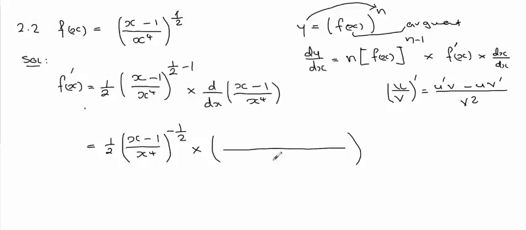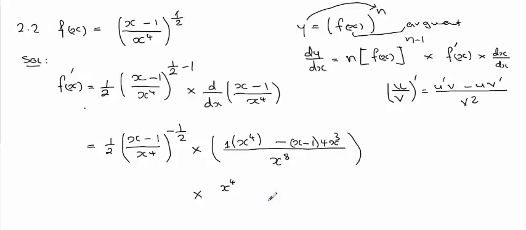So if we square the denominator here, we're going to get x to the power 8 using rules of exponents. Differentiating the numerator, we'll get 1 multiplied by x to the power 4, minus (x minus 1) in brackets multiplied by 4x to the power 3. I'm not going to be faster on that one because I think everybody is now familiar with that. Then simplifying this, we get here x to the power 4.